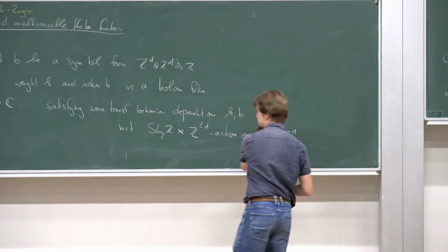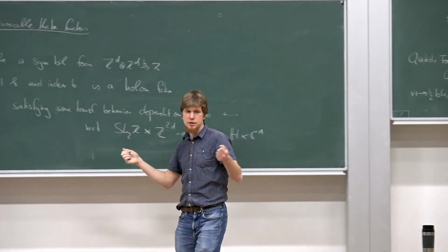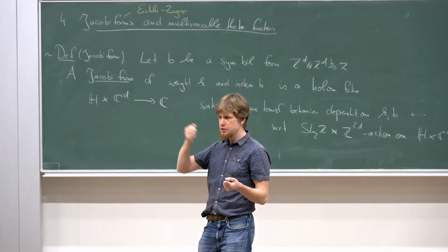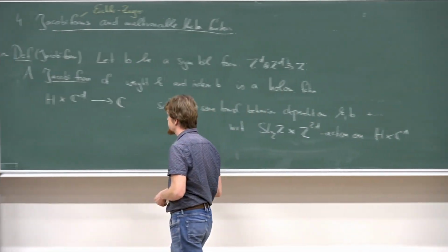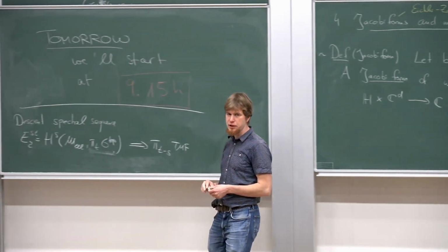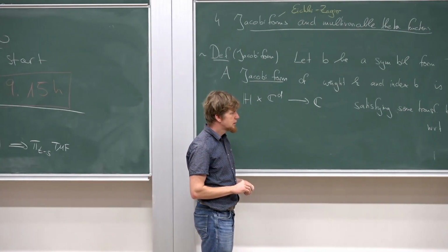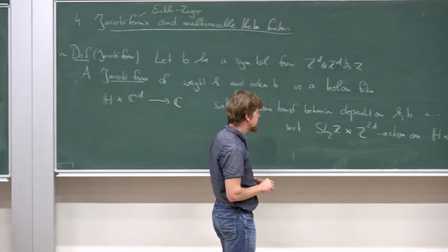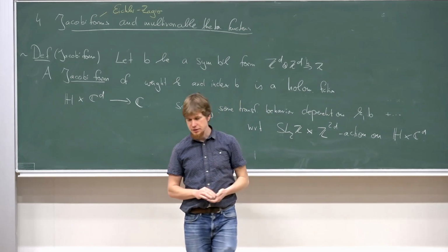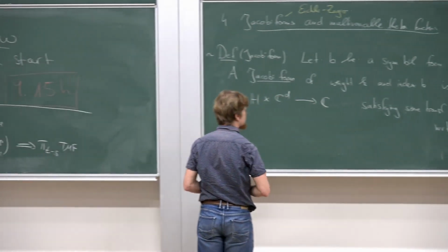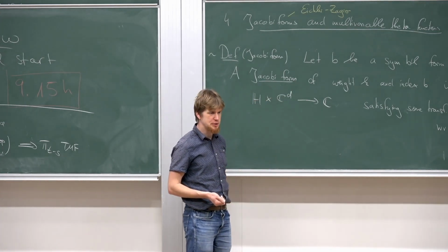SL2Z still acts on H, and Z squared acts on C, by the standard embedding of Z squared into C, and then I do this D times. Some of you might have seen elliptic functions at some point in their life. SL2Z acts on each Z squared diagonally. So in some sense, one can say that this is a mixture between modular forms and elliptic functions.